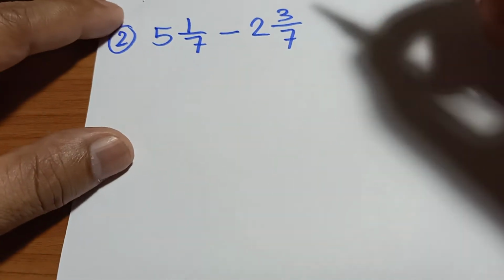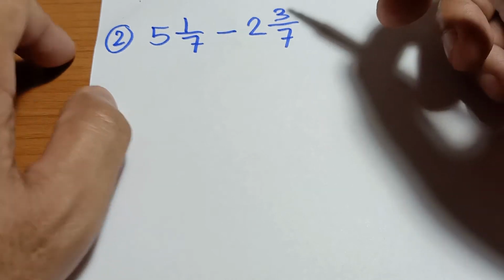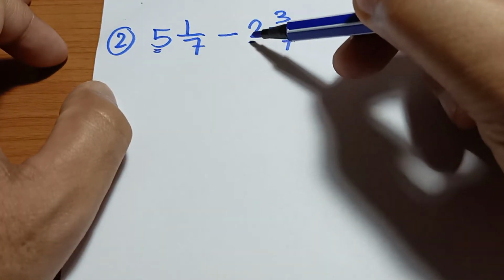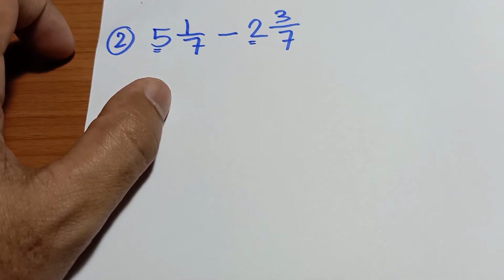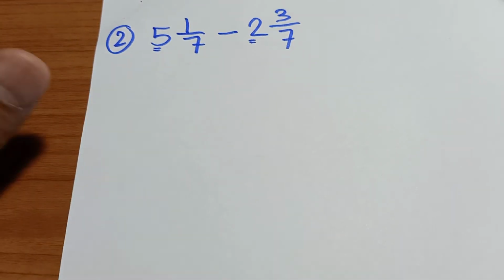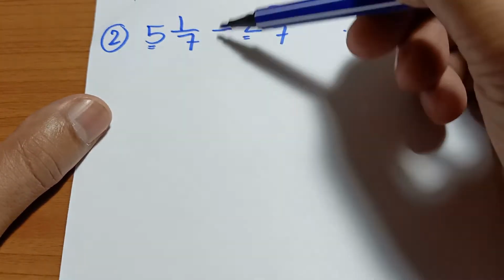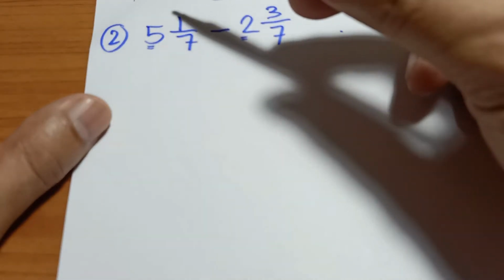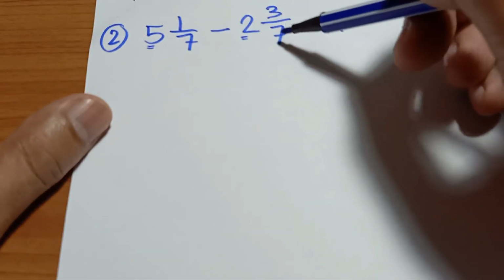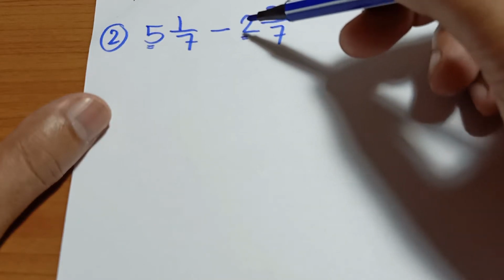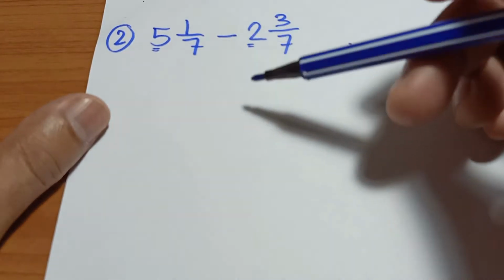If we regroup them, 5 minus 2 is 3. But it's impossible to get a positive number when you subtract 1 over 7 minus 3 over 7, since the denominator is the same. It will give you negative 2 over 7, which is impossible.